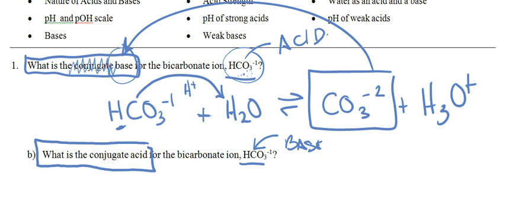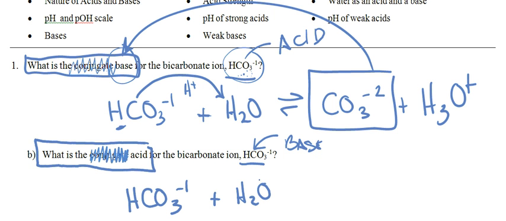And again, if you're getting all upset about the conjugate on here, simplify it even more. What is the acid for this base? What do bases do? Well, if we look at it, and if you want to show water, again, it's getting a hydrogen from something. So bases accept the hydrogen.